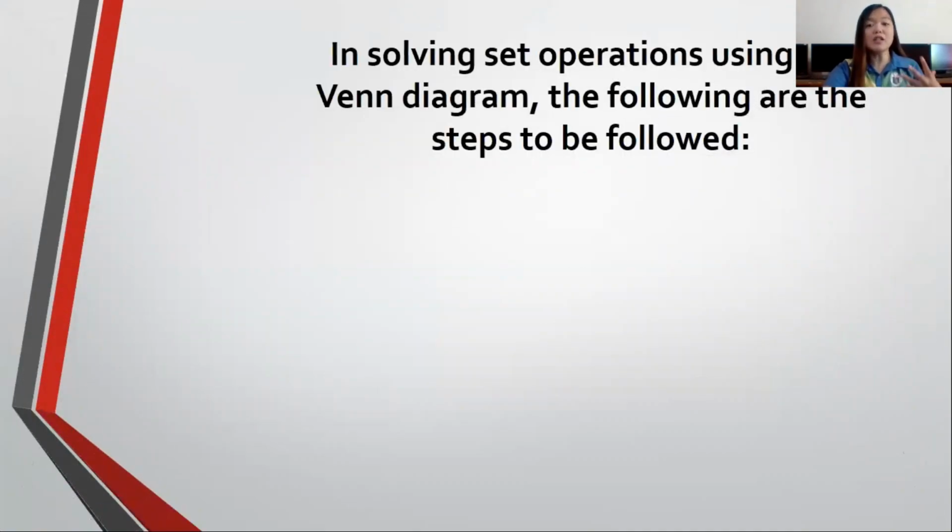So, in solving set operations using the Venn diagram, the following are the steps to be followed. So, may steps din siya. Like our foundation knowledge, the agonsa. Ask, given, operation, number sentence, solution, and then answer. Now, we have different steps, but the same lang yung concept.